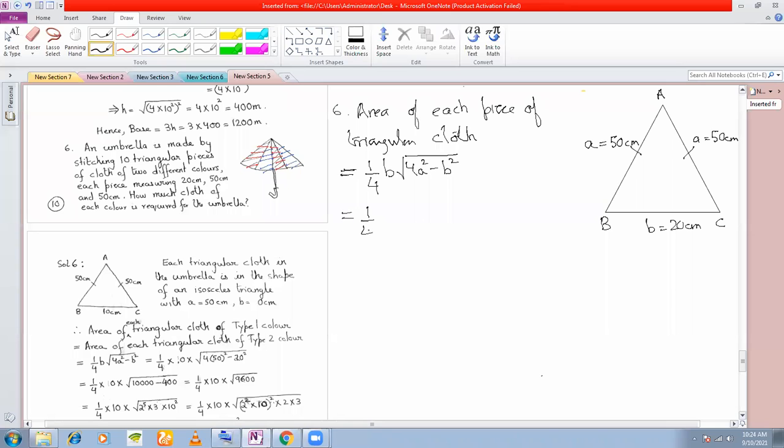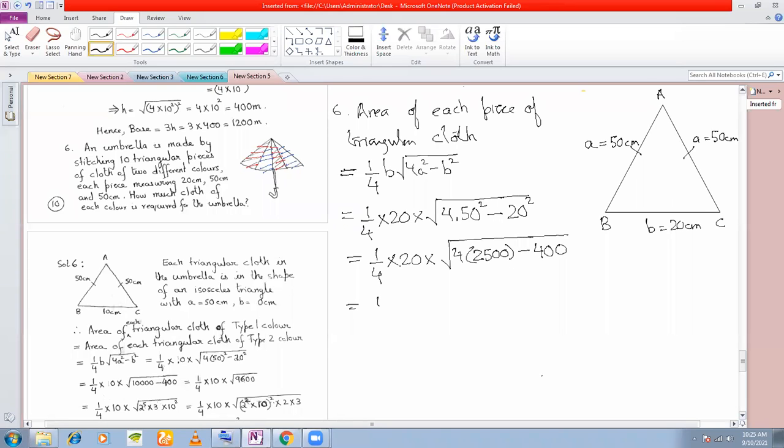Put the values: 1/4 into 20 into root of 4 into a square minus b square. 1/4 into 20 into square root 4 into 2500 minus 20 square, which is 400.